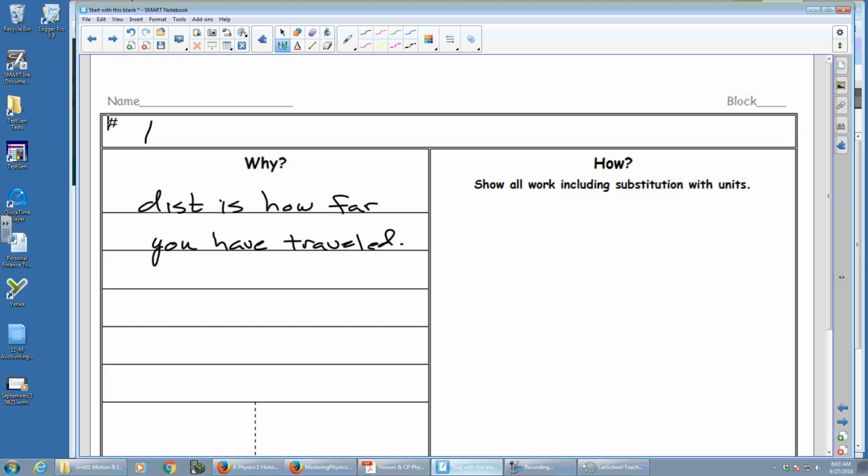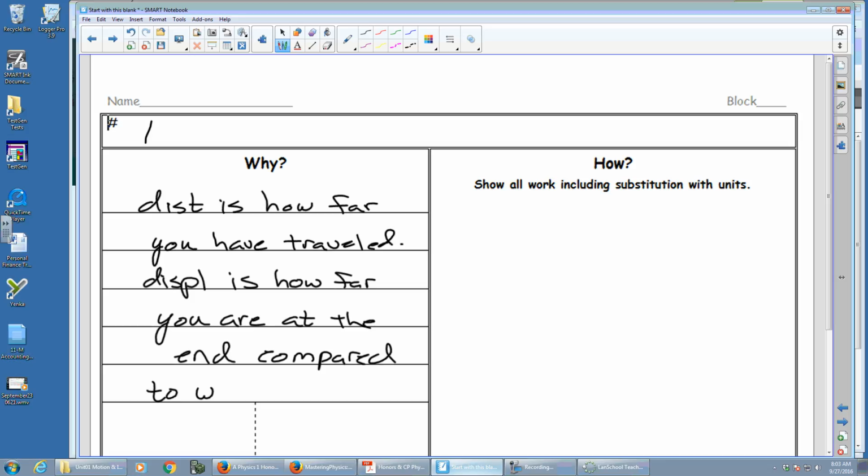And then displacement is how far you are at the end compared to where you started.